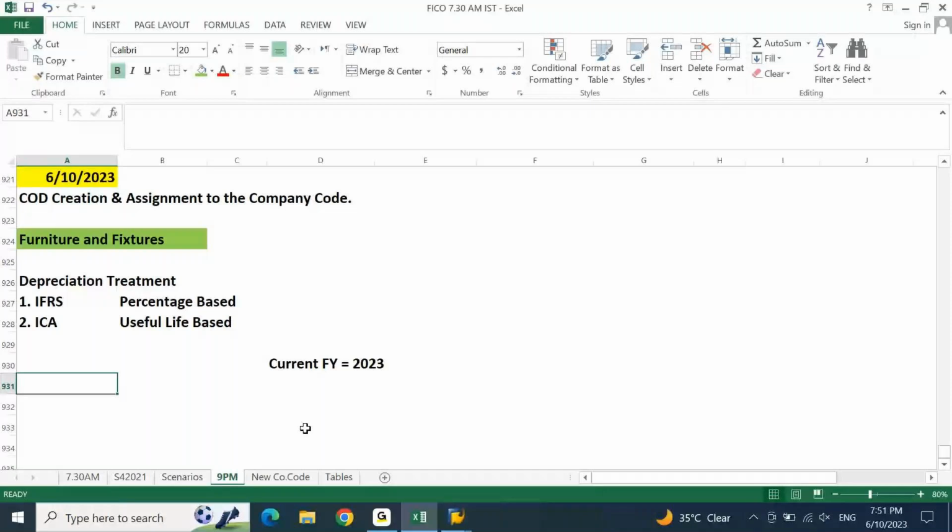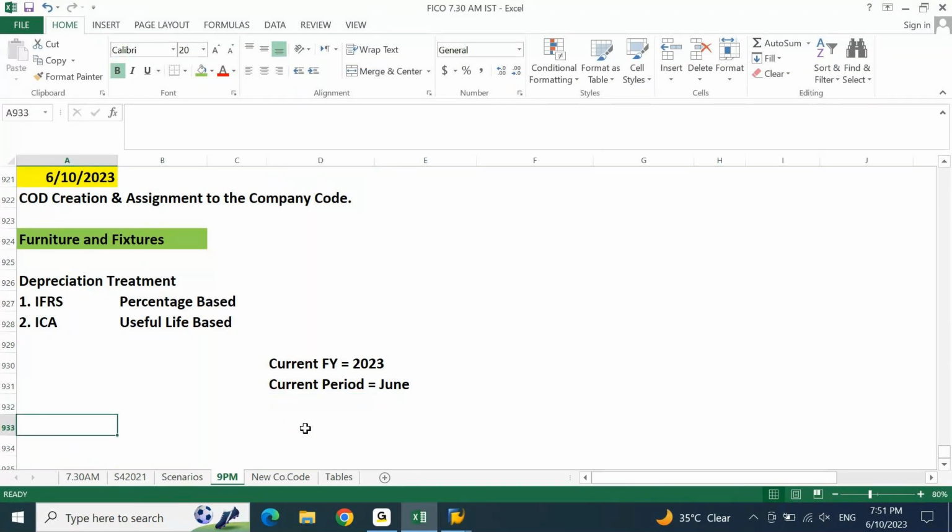Now when we create the asset accounting configuration and test it, let us take an example that we are purchasing a fresh asset. On this fresh asset purchase, how will your depreciation treatment trigger, or how is your depreciation treated in your asset accounting?